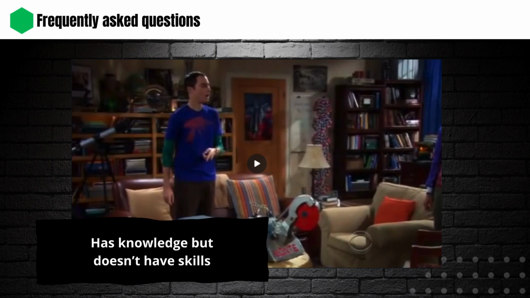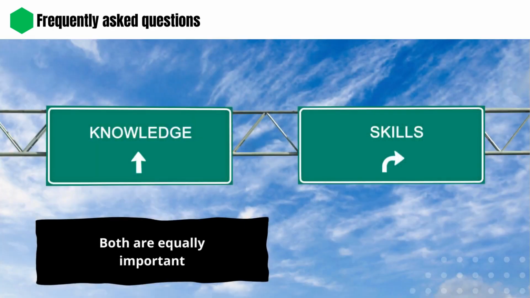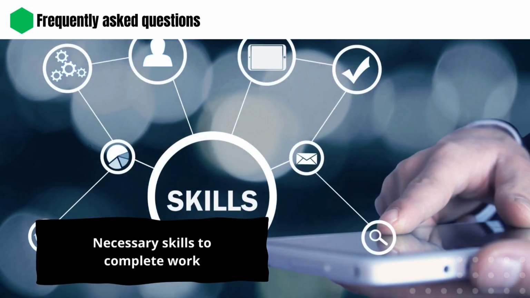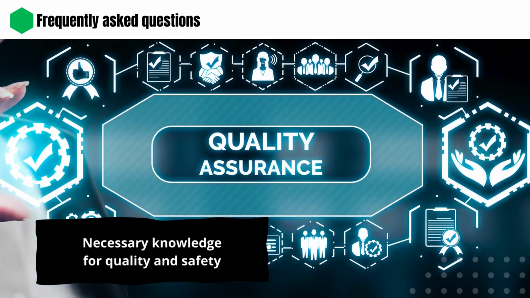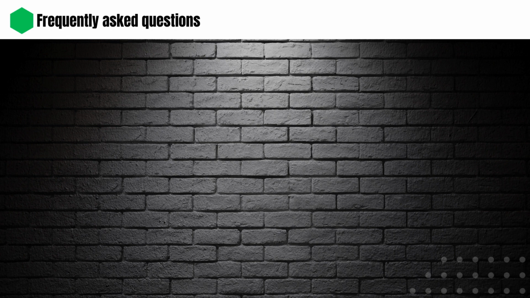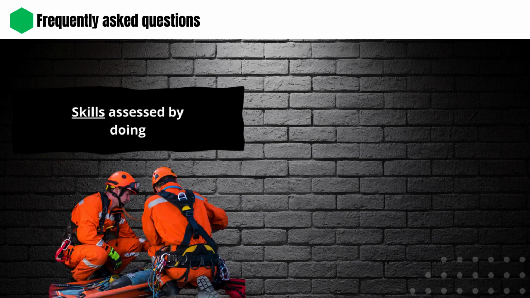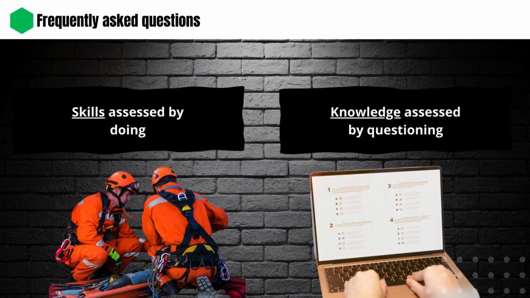In vocational training, skills and knowledge are both considered equally important because employers need graduates with the necessary skills to complete their work, but also with the necessary knowledge to ensure that quality and safety benchmarks are consistently met. Generally speaking, skills will be demonstrated by doing, whereas knowledge will be demonstrated by asking questions.